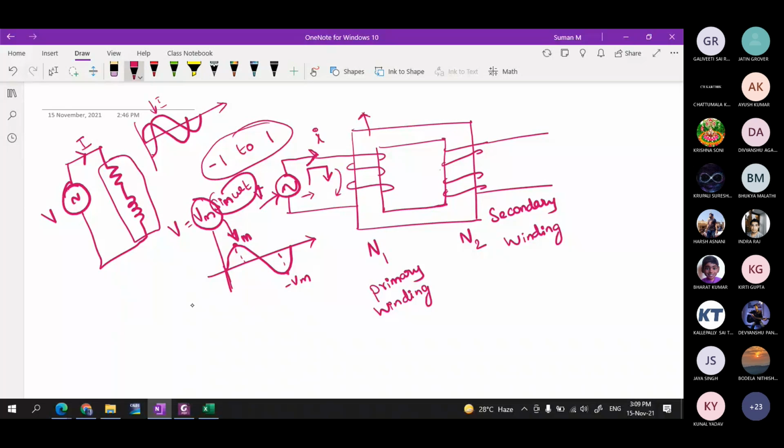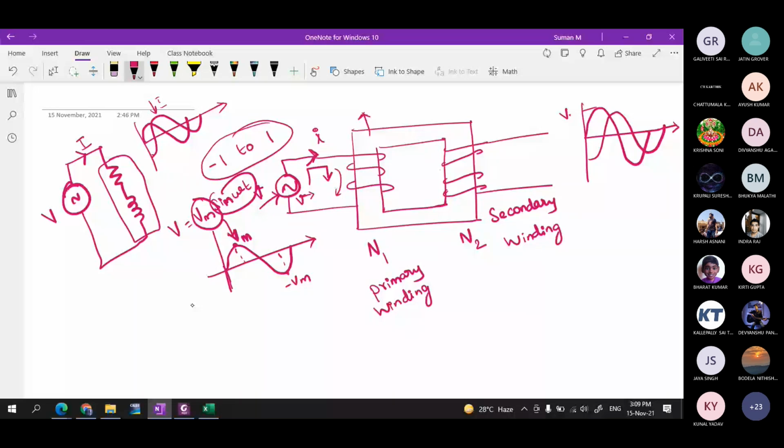This is V and this is I. As of now, just consider that this is the supply voltage, V, and you are going to have a current that is lagging.